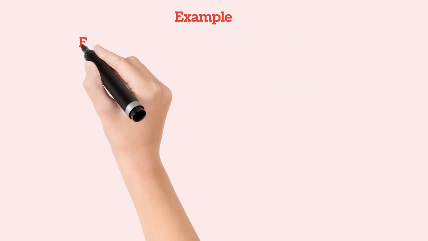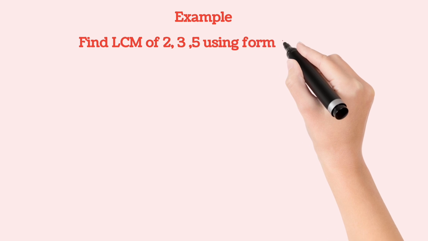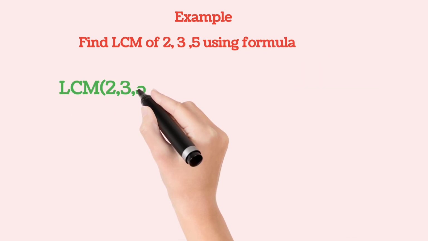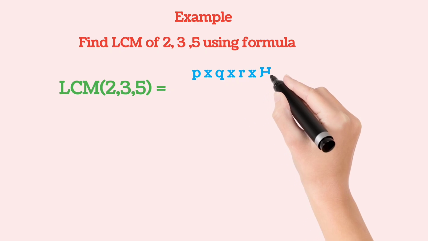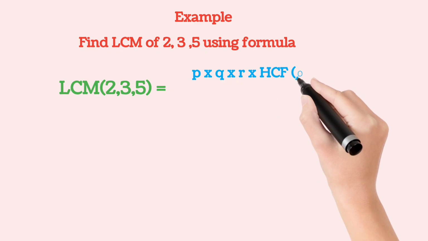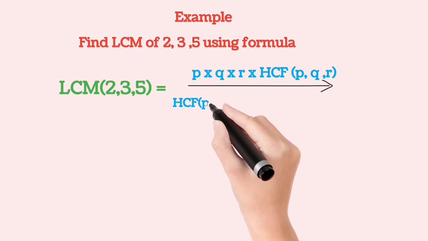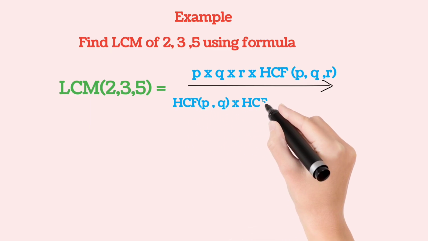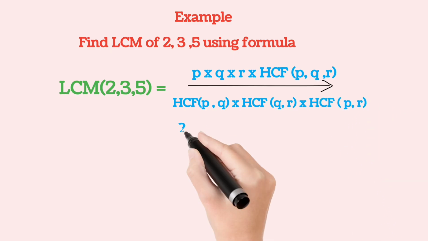Now we see some examples. First, find LCM of 2, 3, 5 using the formula. Then LCM of 2, 3, 5 is equal to p into q into r into HCF of p, q, r, divided by HCF of p, q into HCF of q, r into HCF of p, r.